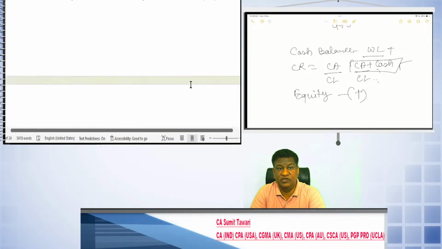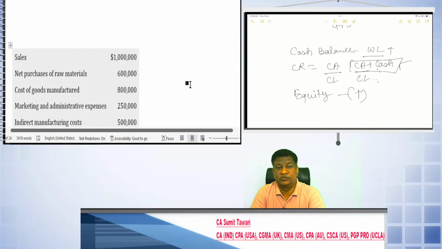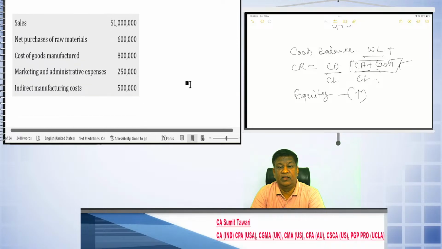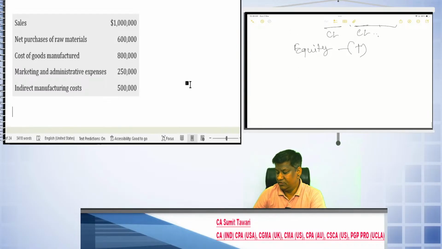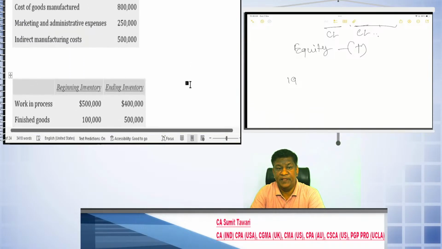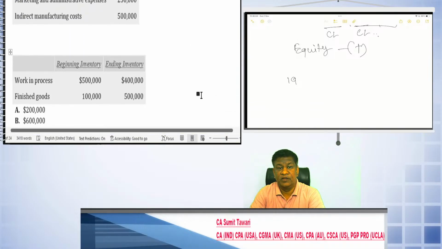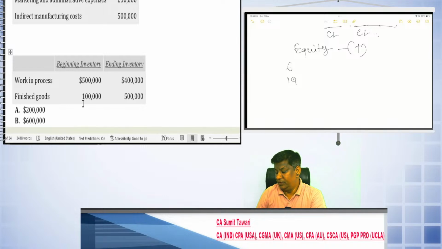So how did we calculate? Cost of goods sold: 6 lakh, 8 lakh plus 5 lakh, right? 19, and then 6 is the beginning inventory, minus 9.